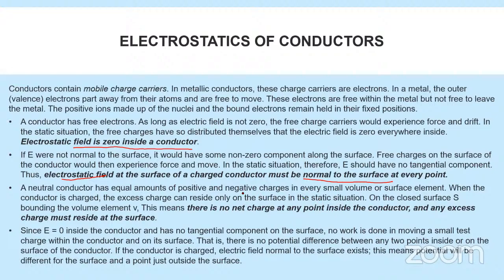When the conductor is charged, the excess charge that is produced will reside only on the surface in static situations. So if we are considering a closed surface S enclosing a volume V, there will be no net charge inside the conductor, and the excess charge actually resides at the surface.